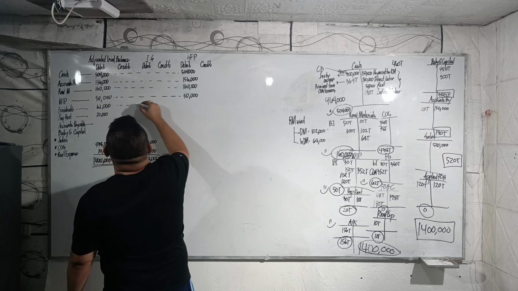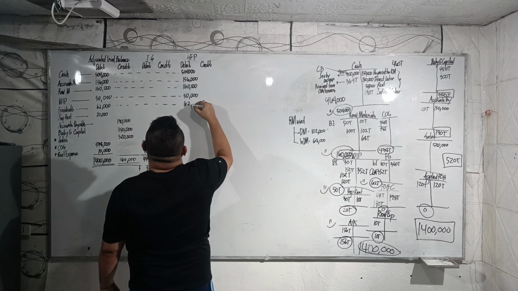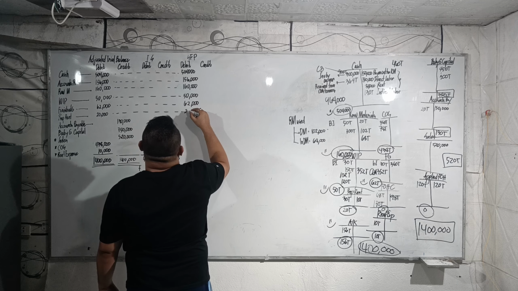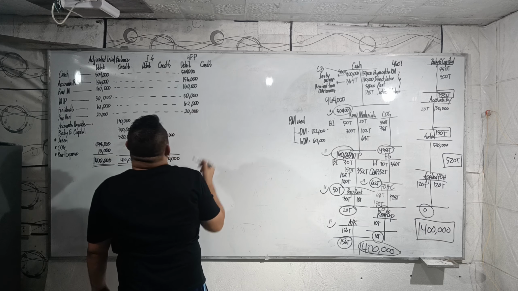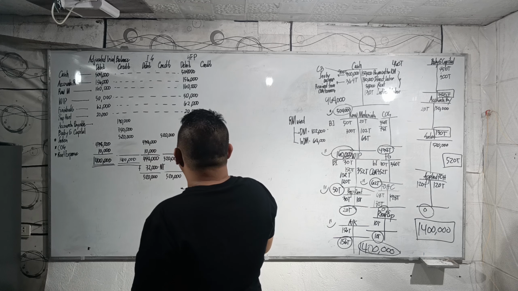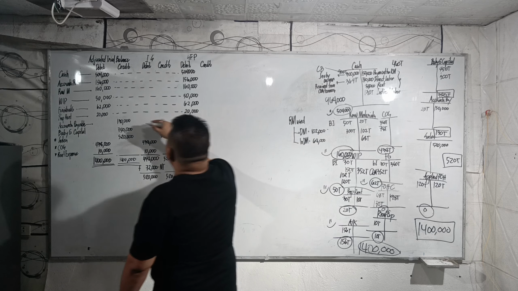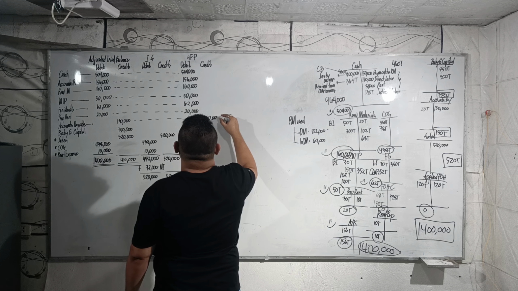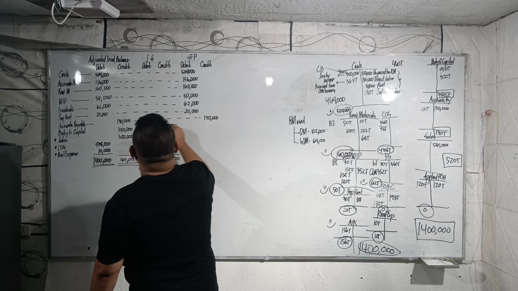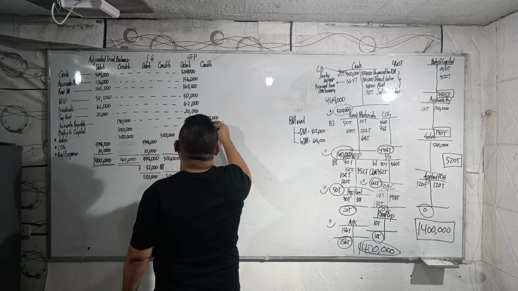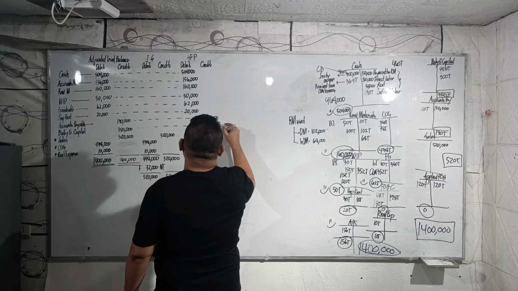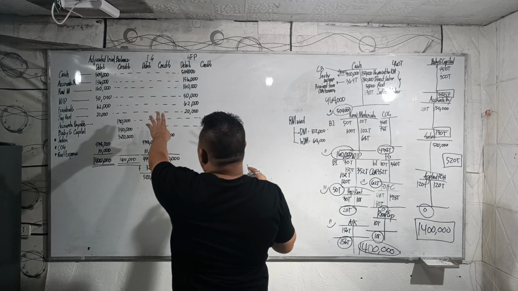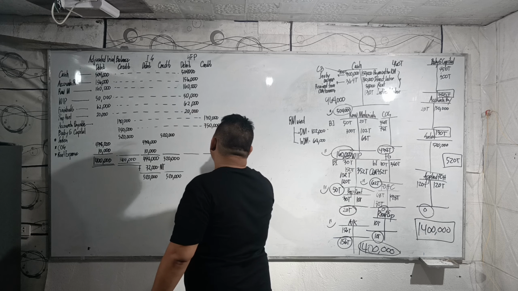And we have 62,000. And then we have 20,000. Yeah, that's it. And then we have 130,000 on the credit. And we have 750,000. And no, 520 is already in the income statement.